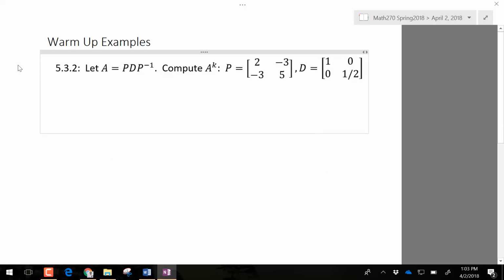So here they gave us what A is equal to already, so we don't have to go through the process.